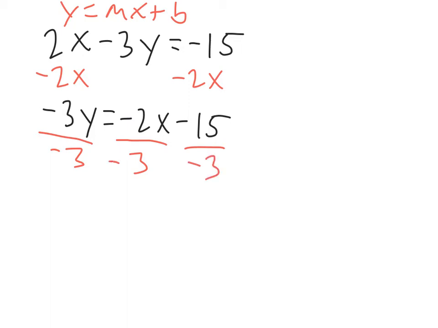So what happens is on the left, y is still y. On the right, notice negative divided by a negative is a positive. So it's going to be a positive, and then we say what's in front of x, 2 over 3. So 2/3 x.